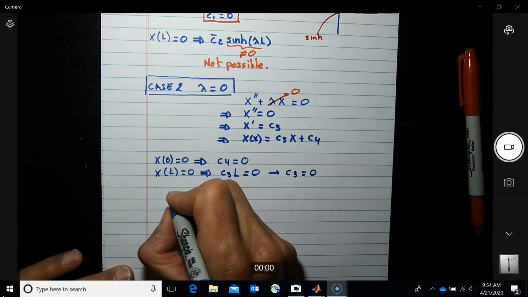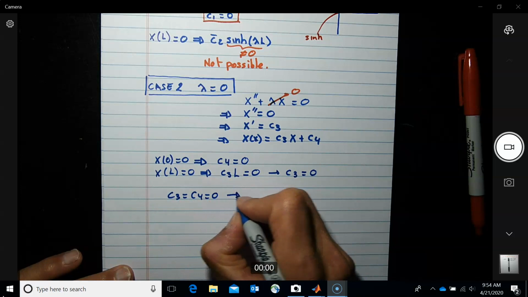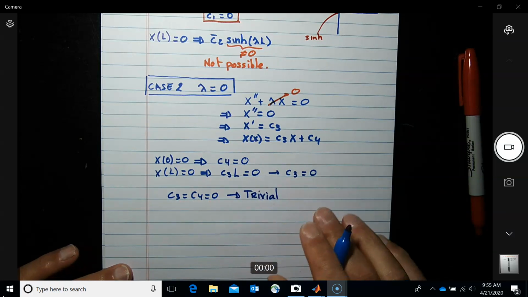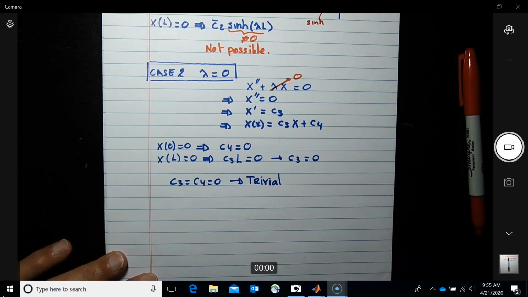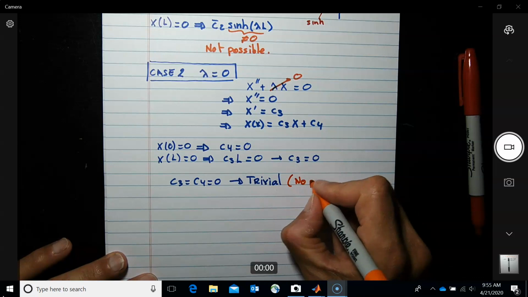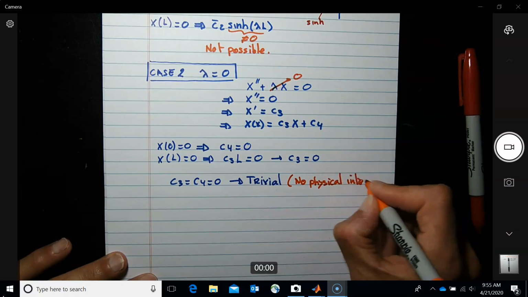So that means that we have C3 equals C4 equal to 0, which is the trivial solution. And as we said before, no physical interest in that solution.